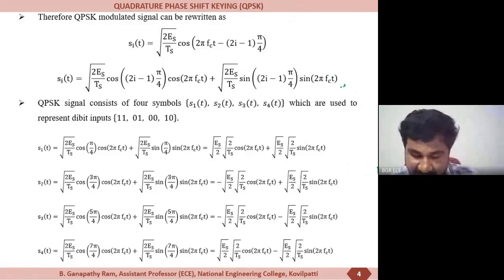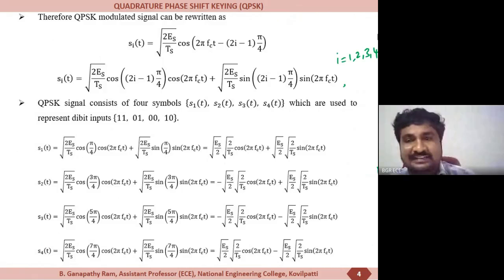So here we can say that i is equal to 1, 2, 3, 4 since each value of i is representing a particular symbol. So we are having 4 symbols S1 of t, S2 of t, S3 of t and S4 of t, which are all representing the dibits 1 1, 0 1, 0 0 and 1 0.